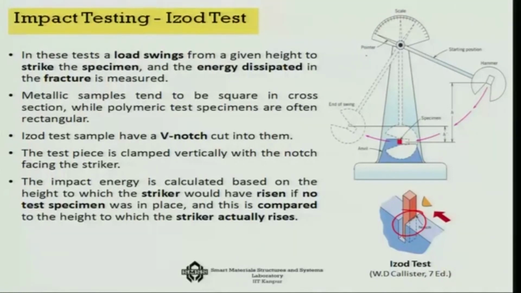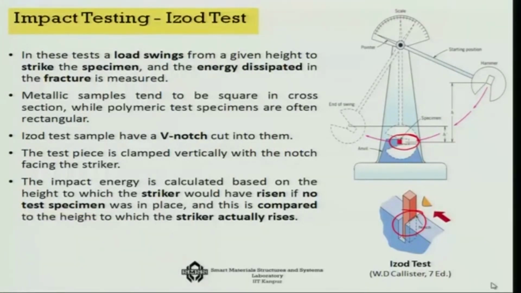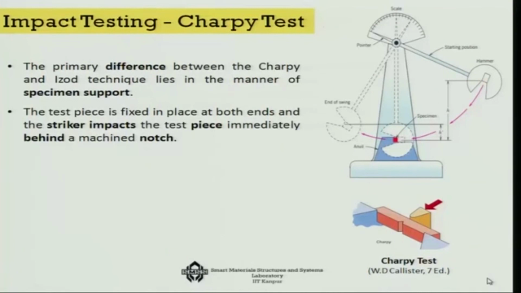You take the ratio of the two, the return ratio you call it, and that gives a measure of how much energy is absorbed by the material, which is a measure of the toughness of the material. Similarly, there is another very similar test, which is known as the Charpy test.